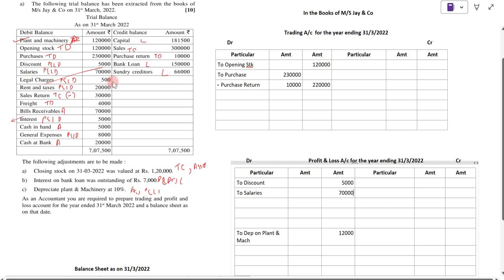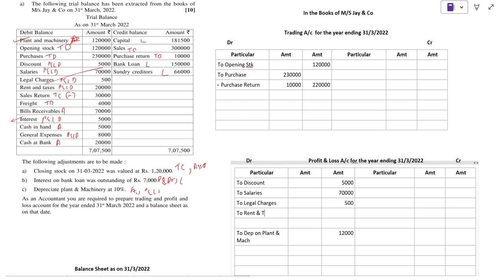Then legal charges 500, profit and loss account, debit side, to legal charges 500. Rent and taxes 20,000, profit and loss account, debit side, to rent and taxes 20,000.